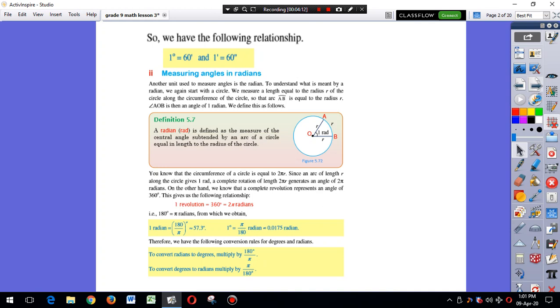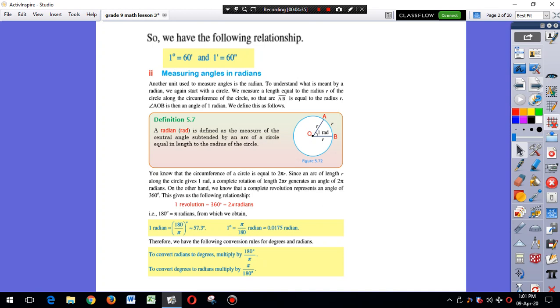If you simply take 360 degrees equals 2 pi radians and divide both sides by 2, it will give us 180 degrees is equal to pi radians, from which we obtain 1 radian is equal to 180 degrees over pi.